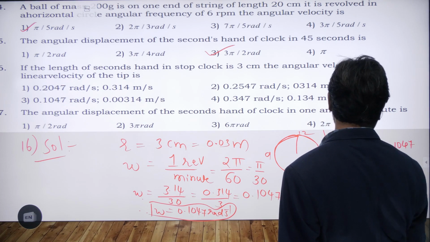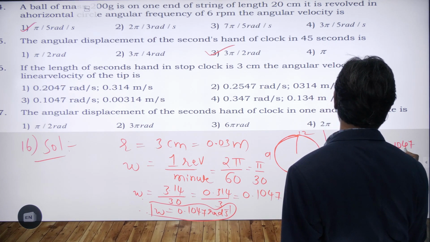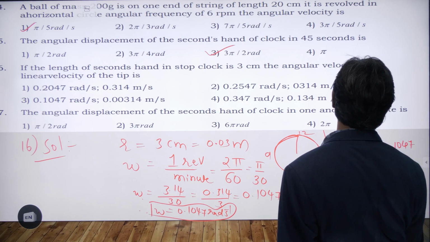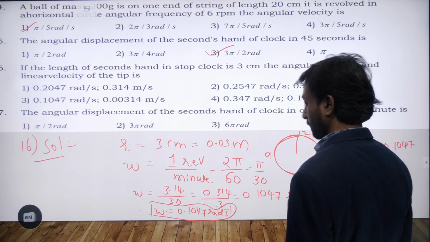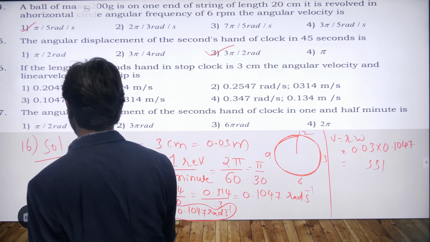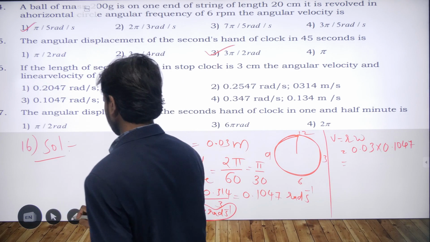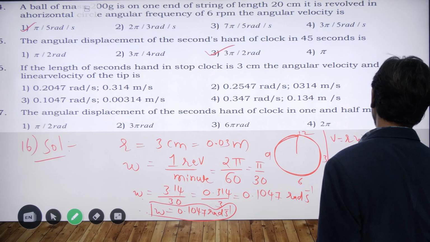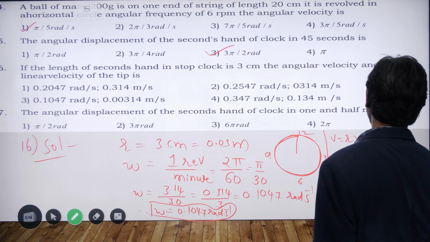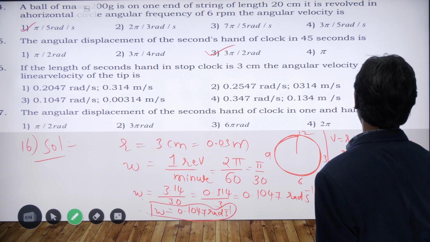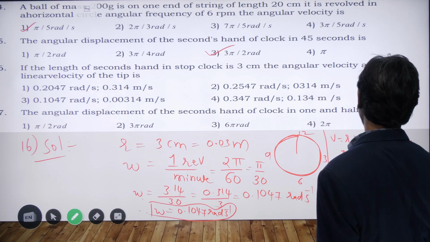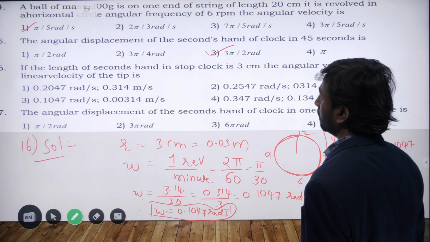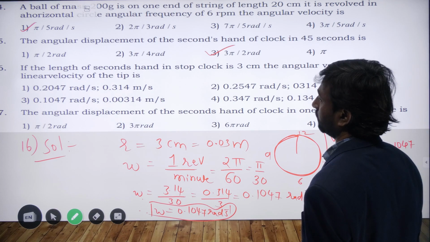After multiplying, 21, 12, 14, we get the answer as 0.00314.